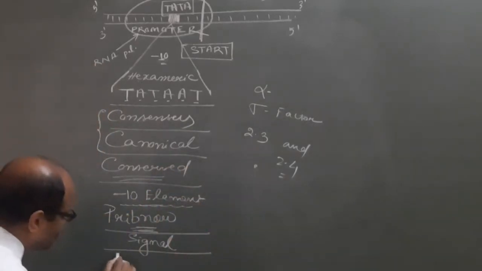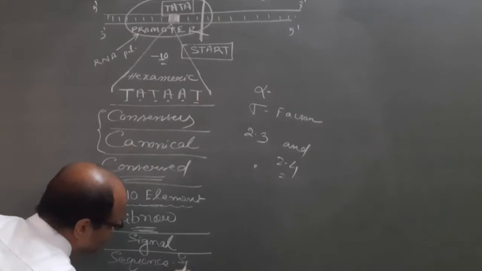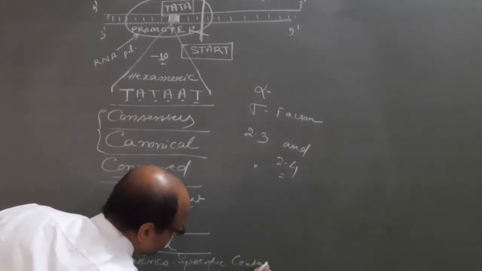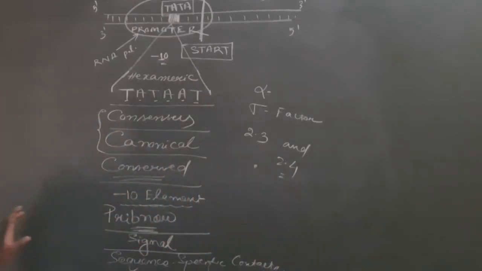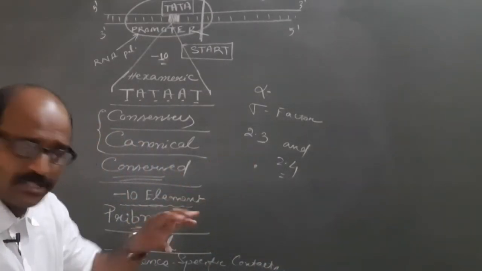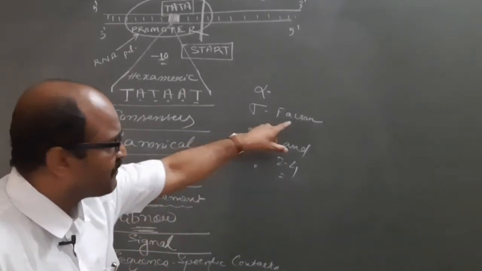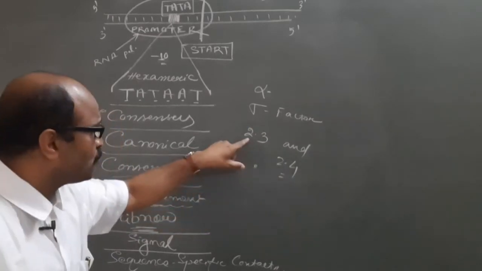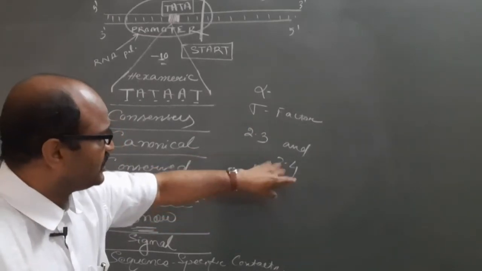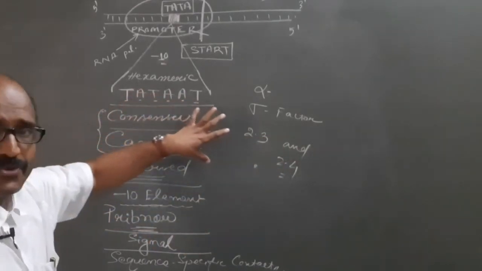So this is known as the sequence specific contacts. Sequence specific contacts means that the specific sequence of amino acids of the sigma factor at regions 2.3 and 2.4 reads out and recognizes the Tata box region.